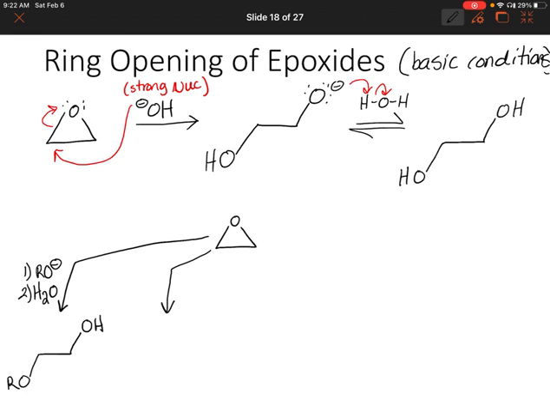You could also use cyanide. So then that would add the cyanide group opposite the alcohol. We could use a sulfur ion.